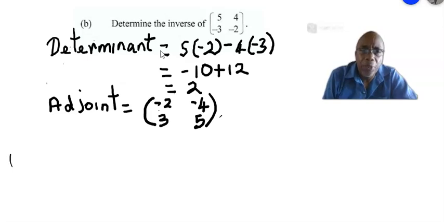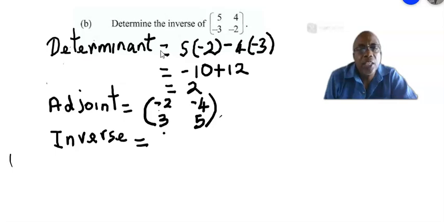To find now the inverse of this 2 by 2 matrix, this is the formula. It is 1 over the determinant. I put just DET for determinant.